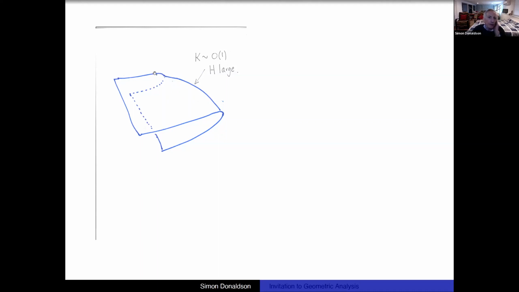But maybe you could see geometrically that if we make the curvature in this direction very small, then to close up and make a closed surface, we need a very, very large disk-like object. So we make the area very large. That might be a more intuitive way to think about this estimate.